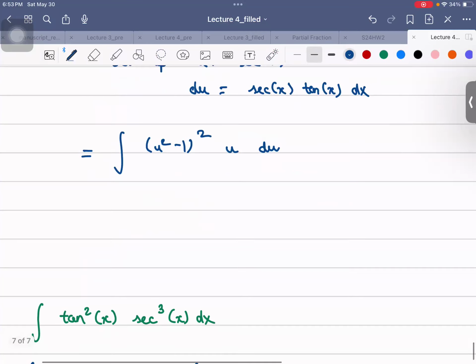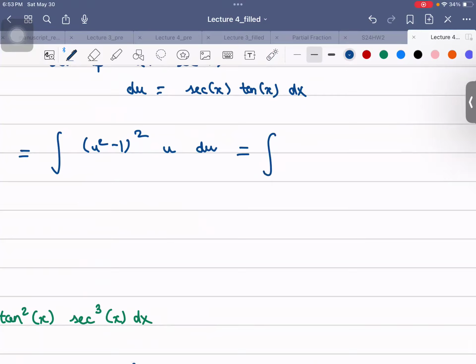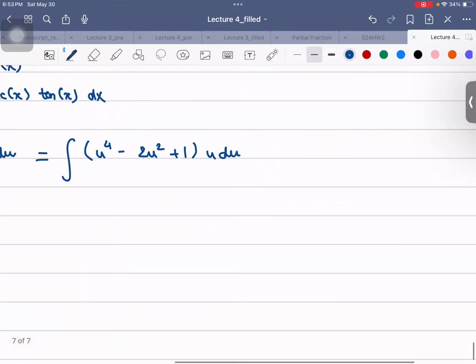Now expand the square. I have u to the power of 4 minus 2u squared plus 1, times u du. I expand that, and I have u to the power of 5 minus 2u cubed plus u du.